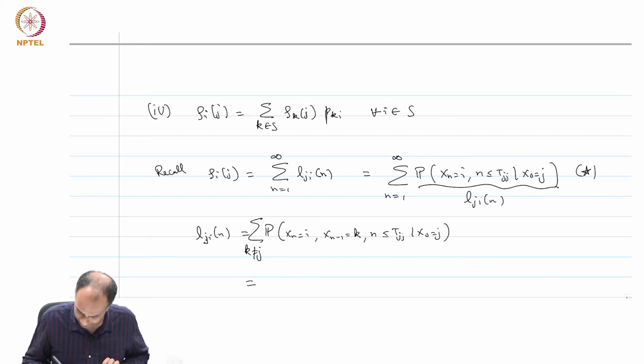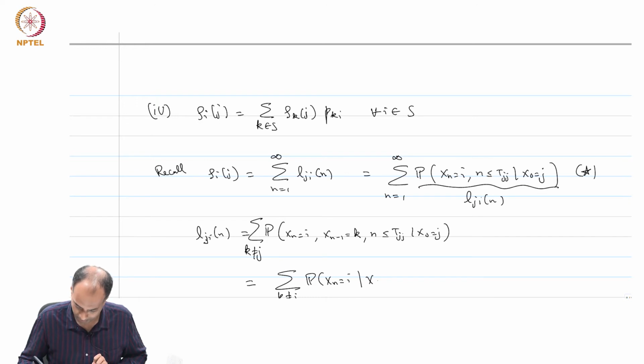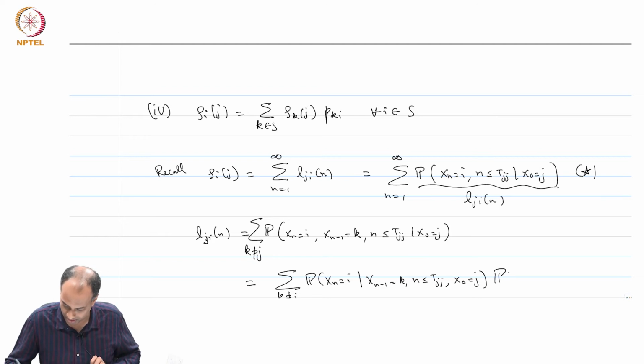This just turns out to be the sum over k not equal to j of the probability that X_n is equal to i given X_{n-1} equals k, n less than or equal to T_jj, X_0 equals j, times the probability that X_{n-1} equals k, n less than or equal to T_jj, given X_0 equals j.